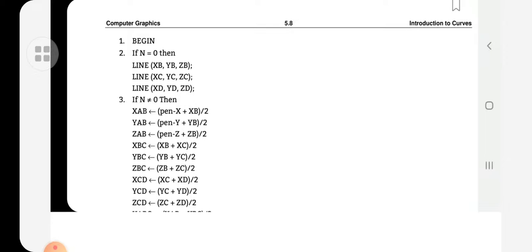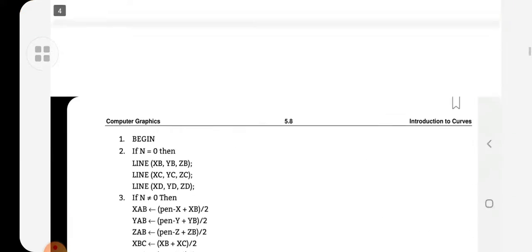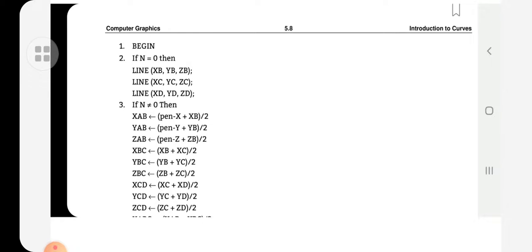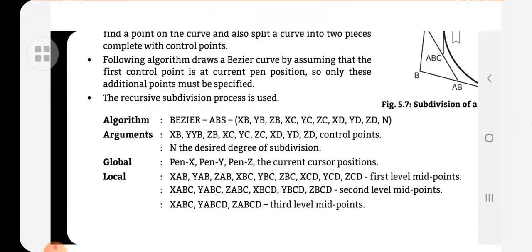First is begin. If n is equal to 0, then draw line XB, YB, ZB, line XC, YC, ZC, and line XD, YD, ZD. If n is not equal to 0, then XAB is pen x plus XB divided by 2, as shown in the figure.